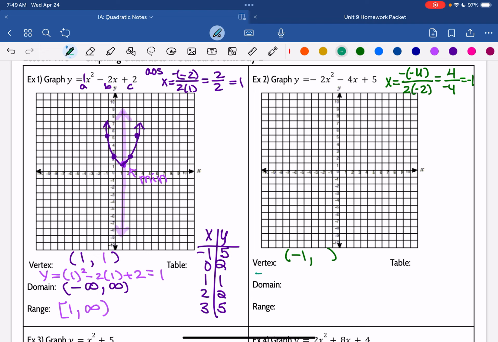So we have y is equal to negative 2 times negative 1 squared minus 4 times negative 1 plus 5. Now that's what I'm going to be plugging into my calculator. Oh, forgot my squared.